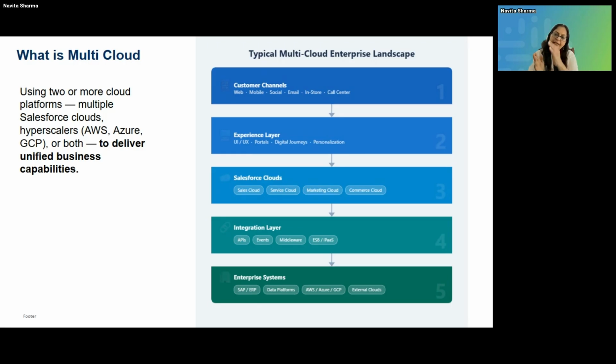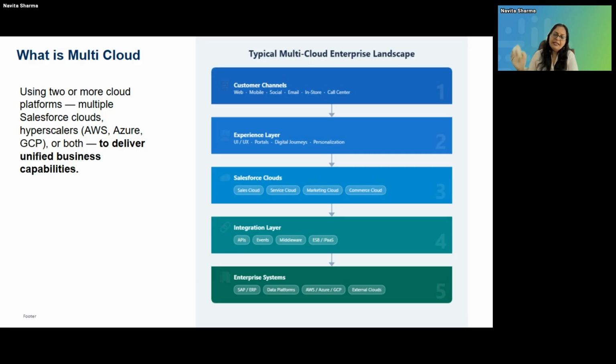And then we have an integration layer which ensures that the customer experience at the customer side gets integrated with different enterprise systems, which could be their identity management system, master data management system, or systems of record for ERP, for inventory, for policy management system, product master.